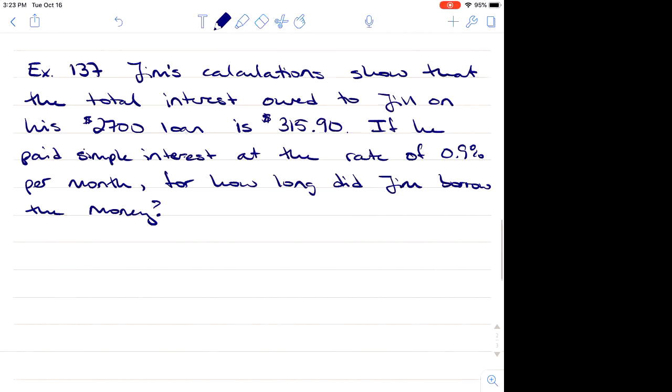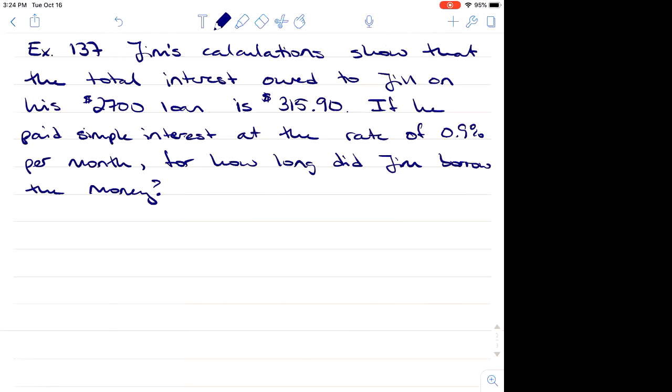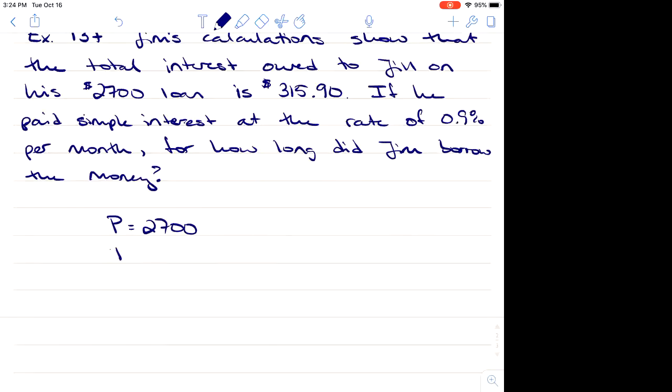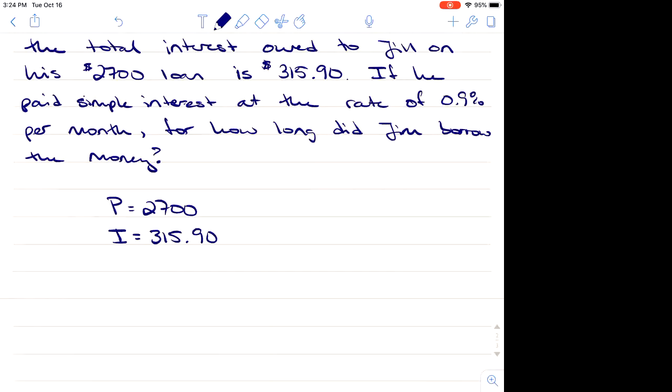So let's list all the things that we know here. P is the 2,700. We're also told that the amount of interest is $315.90. R is 0.9%, or 0.009 per month.